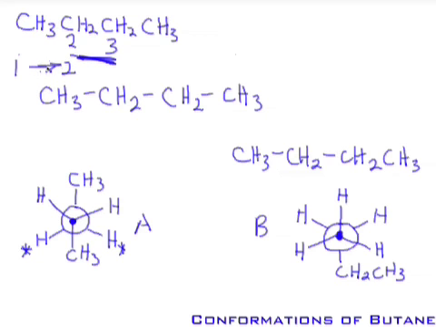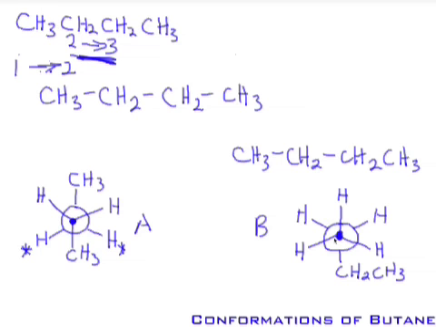So we're looking down different bonds depending on what the question asks. If the question asks, draw a Newman projection looking down the carbon 2-3 bond of butane, I draw something like A. If the question asks, draw a Newman projection down the carbon 1-2 bond, I draw something that looks like B.